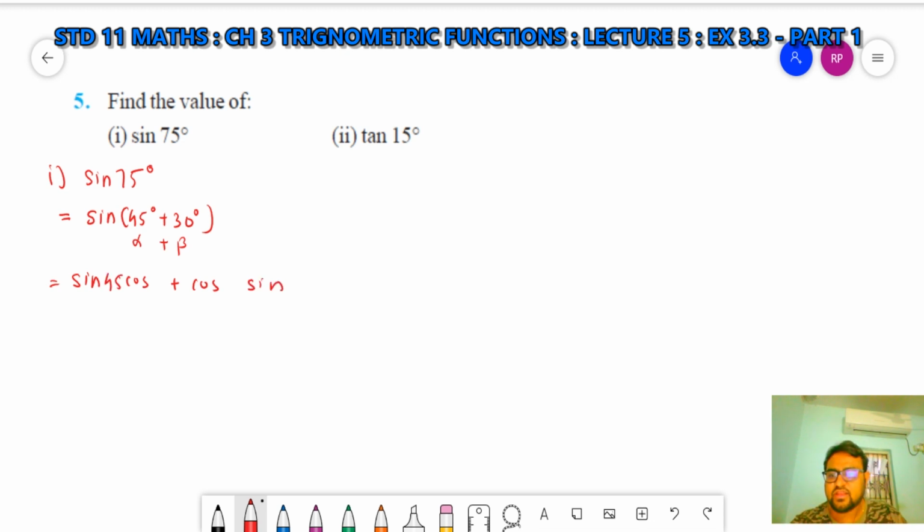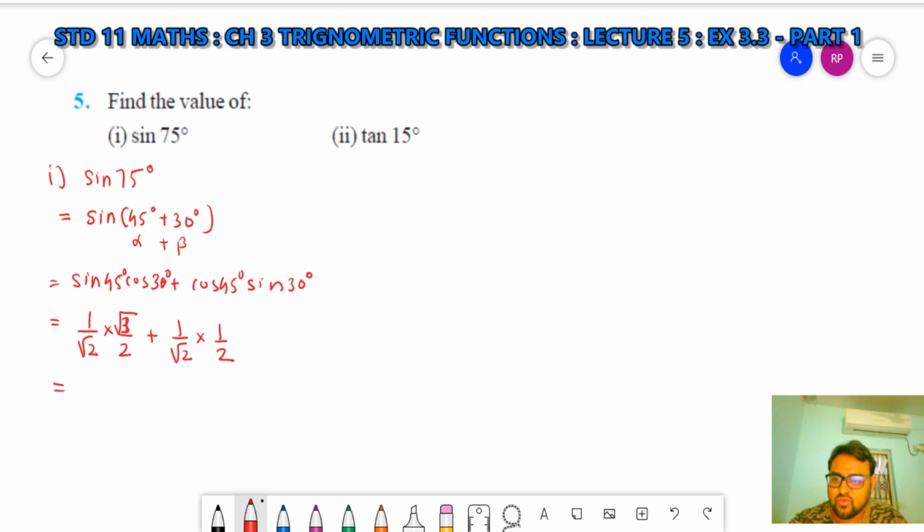Alpha 45 degree, beta 30 degree, you need to maintain this sequence of angles. Clear? So now the value of sine 45 is 1 by root 2, cos 30 is root 3 by 2, cos 45 is 1 by root 2, sine 30 is 1 by 2.